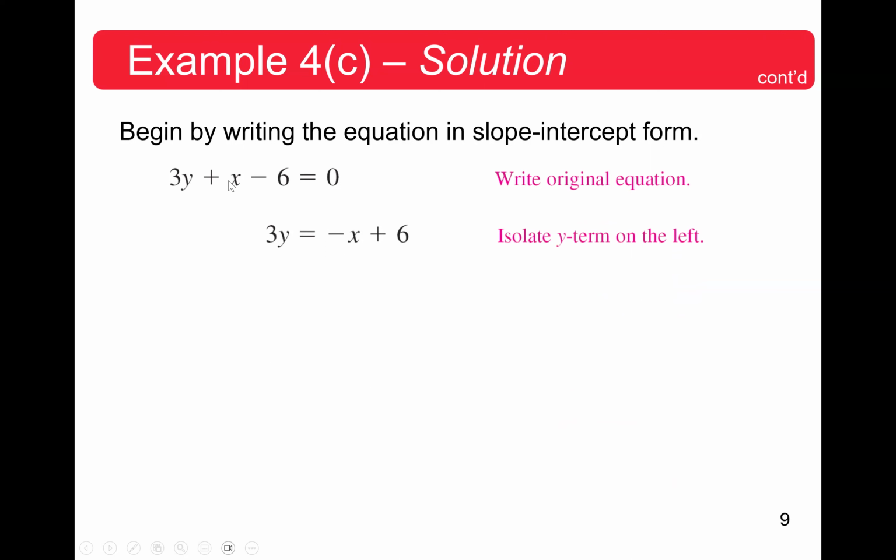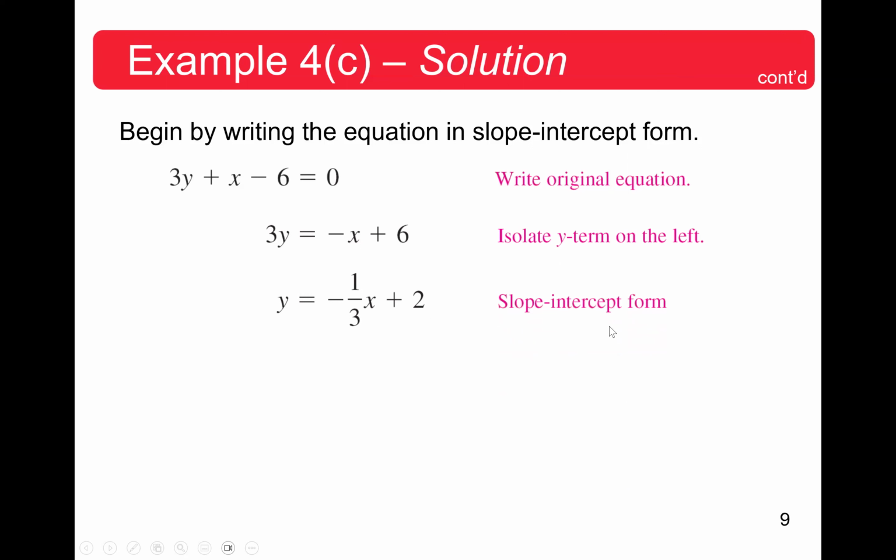Since x is positive, when it crosses the equal sign it becomes negative, and when 6 is negative, it becomes positive. So we get 3y equal to negative x plus 6. Since 3 is multiplied by y, when it crosses the equal sign it divides. So we divide negative x plus 6 by 3, and we get y equal to negative 1/3 x plus 2, since 6 divided by 3 is 2.